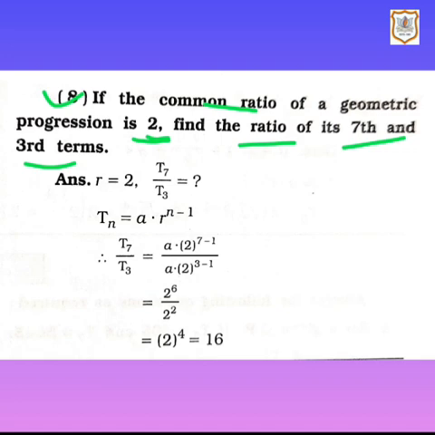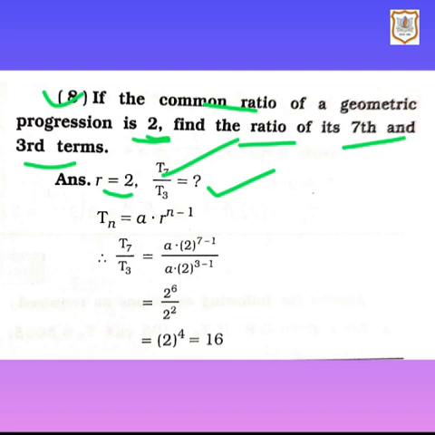Second term upon first term, then third term upon second term, fourth term upon third term. This way the ratio is taken out, but here we have to take out the 7th term and 3rd term ratio. So it can be written as T7 upon T3.